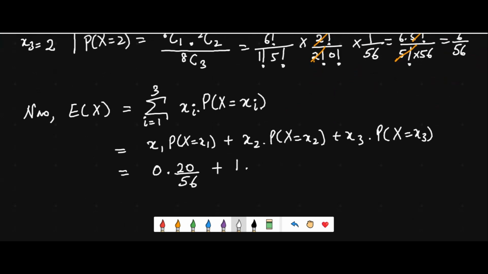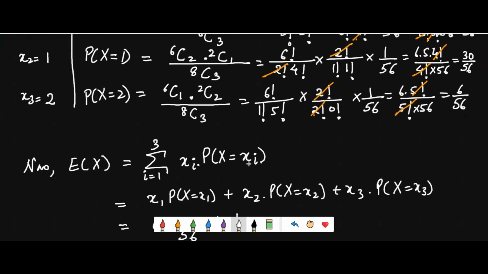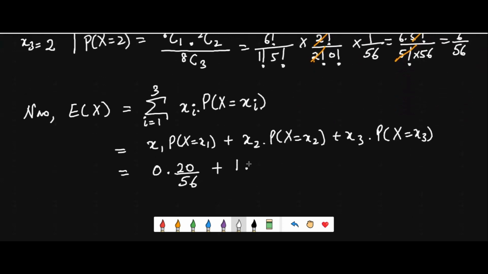X2 is 1 multiplied by its respective probability, 30 upon 56. X3, that is 2 multiplied by its respective probability, that is 6 upon 56.